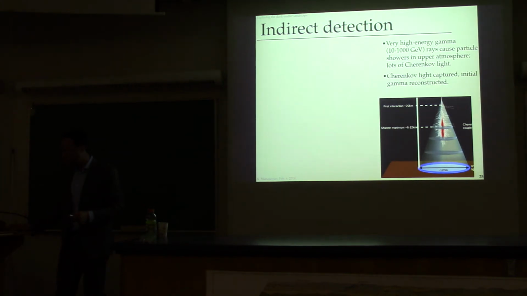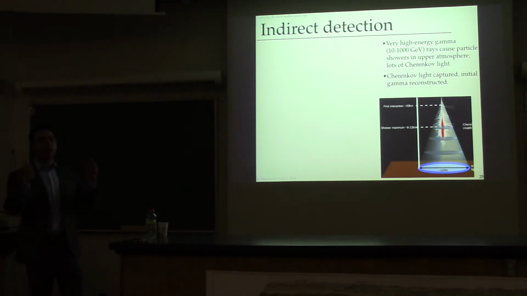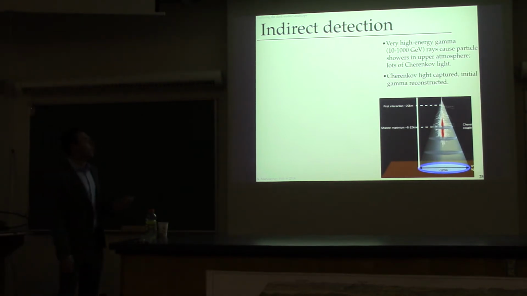So in the range of 10 to 1,000 GeV, gamma rays are considered very high energy gamma rays. You can't just build a telescope like you would with optical photons, because when these things hit the upper atmosphere, they produce a huge leptonic shower, kilometers long.